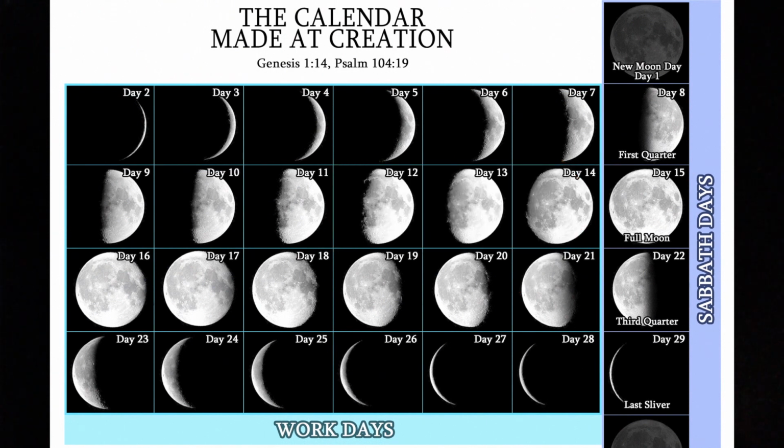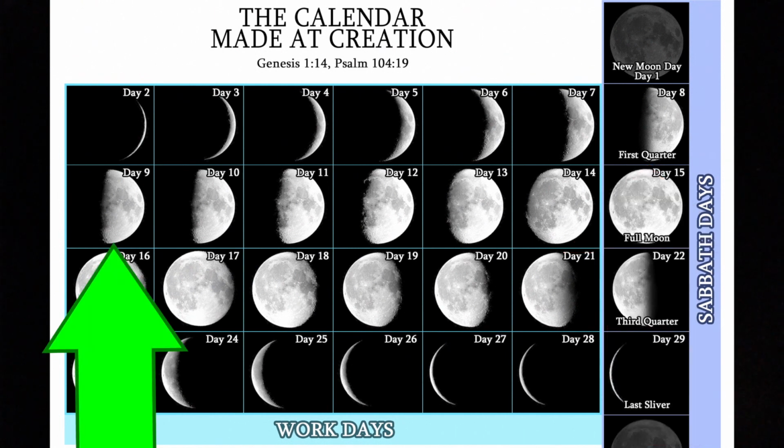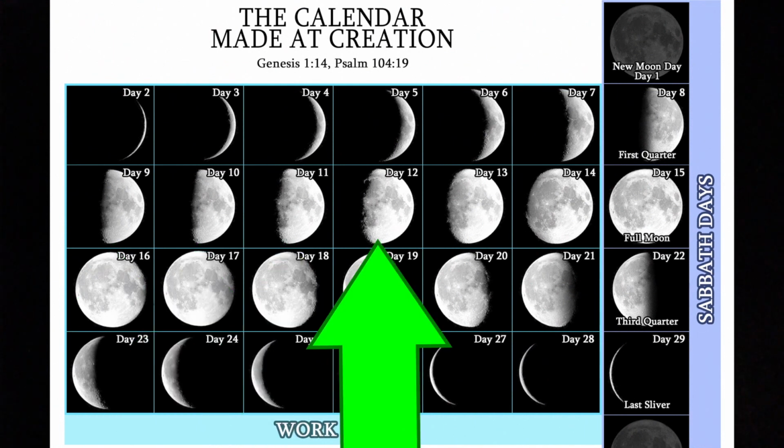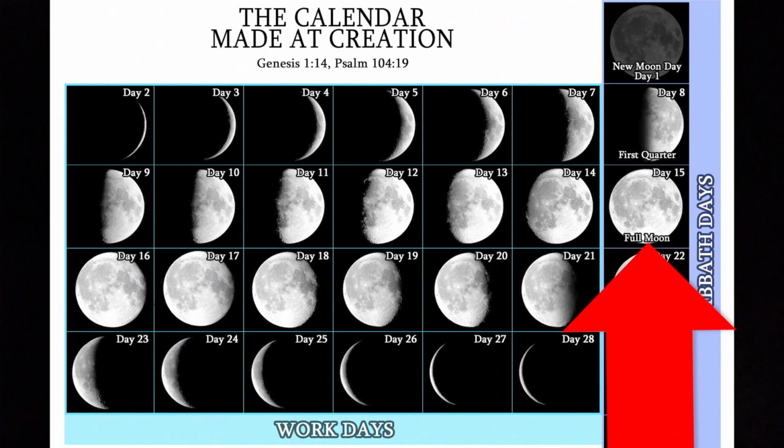So the Sabbath begins from the morning of the 7th day. That's when you keep the Sabbath, all the way to the next morning. And then that's your work day. And then you work on this day, this day, this day, this day, and this day. And then you keep your Sabbath on the full moon.